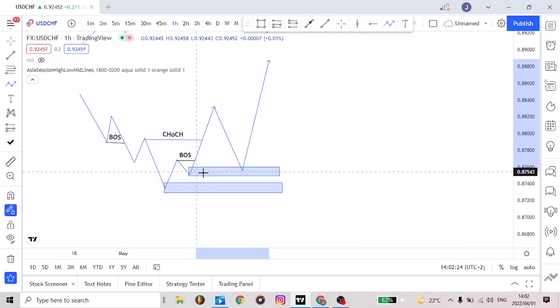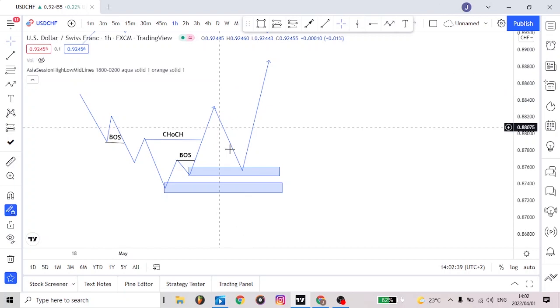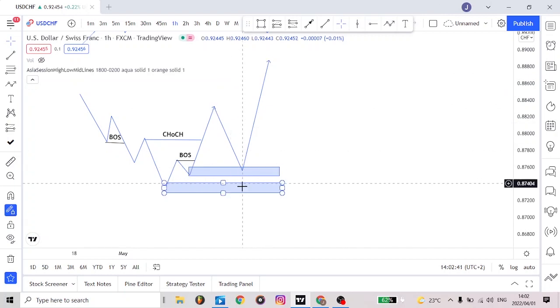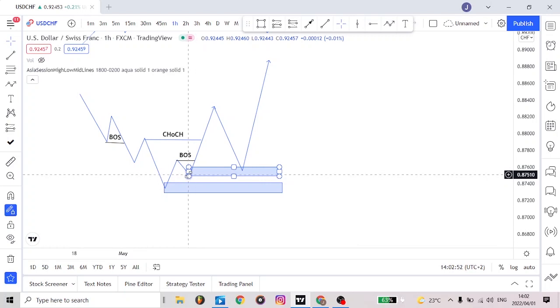Now, normally, for a flip to happen and for a flip to be respected, for the market to respect this flip here and not come here, what I normally wait for is I check if the low of this flip mitigated this supply zone.